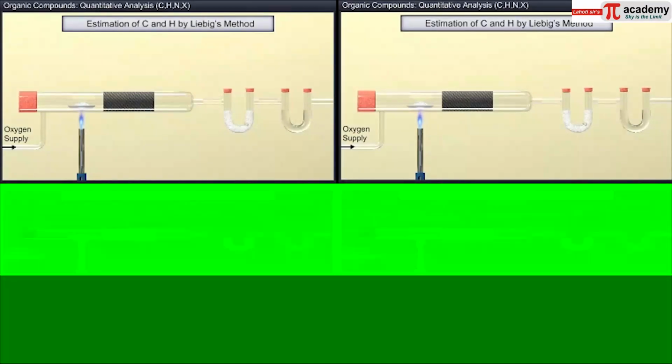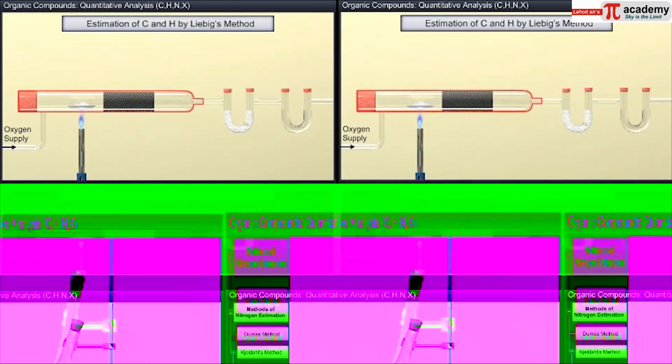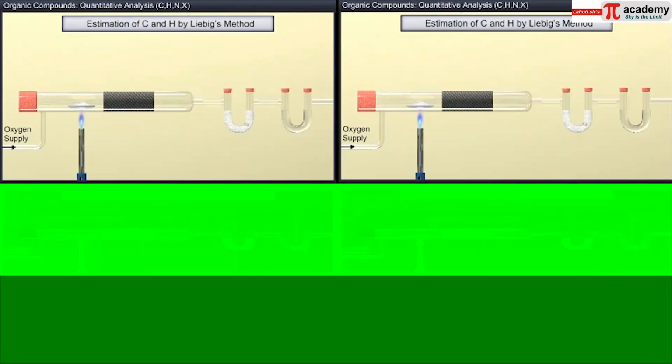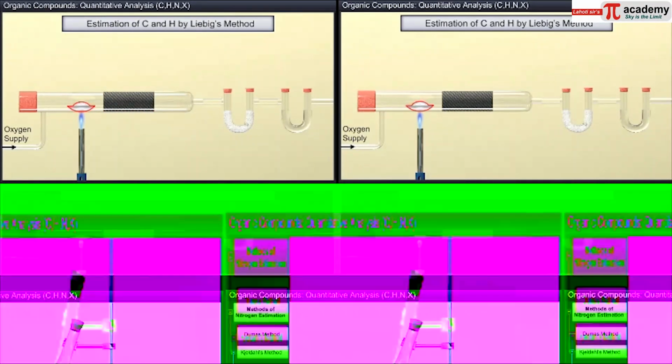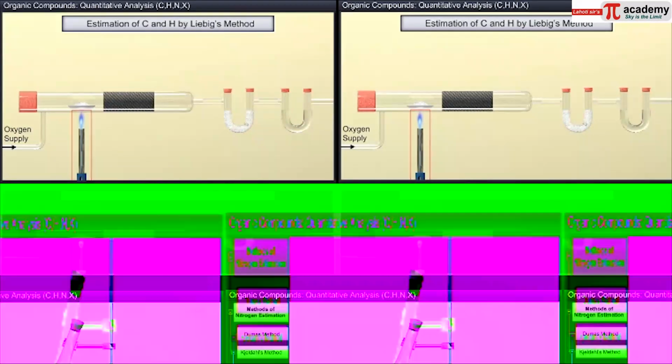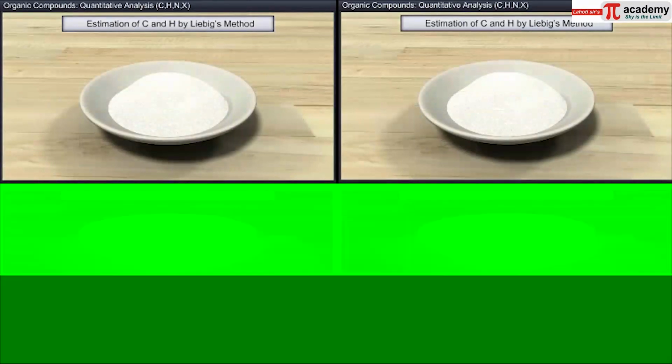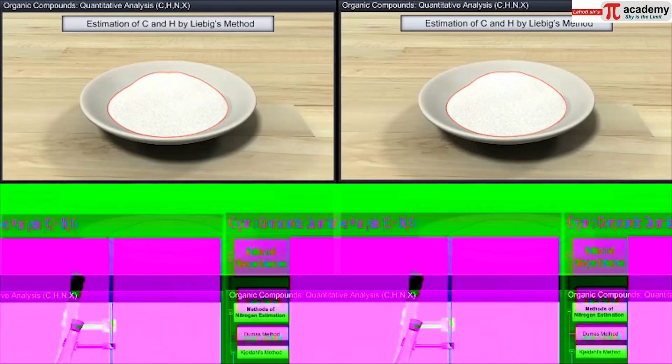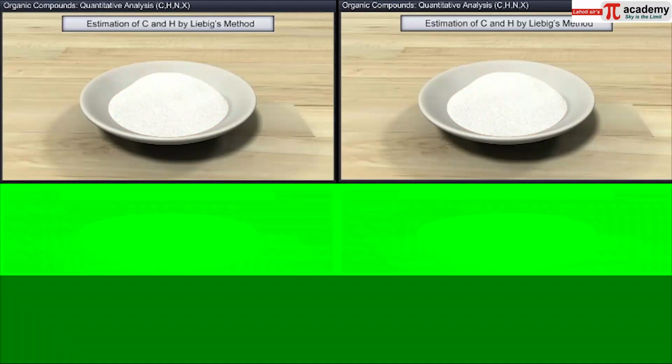The apparatus used for this method consists of a combustion tube packed with copper oxide pellets, a platinum or porcelain boat, 2 pre-weighed absorption tubes, and a burner. In this method, a known quantity of the organic compound is placed in the platinum or porcelain boat.